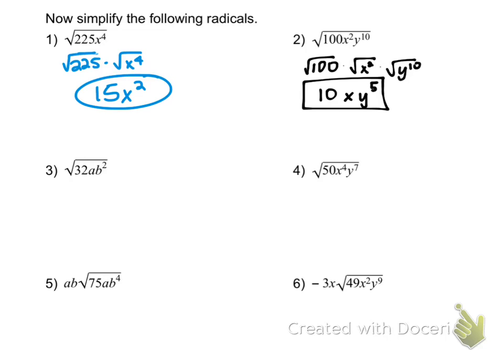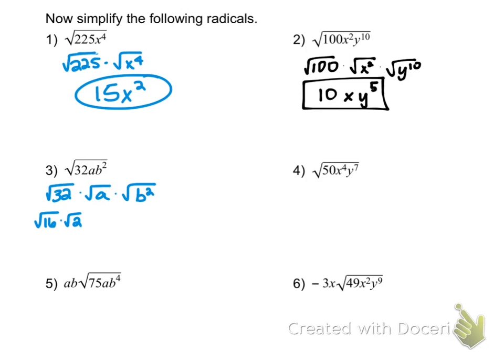Here is where it gets a little bit trickier. Here I'm going to take the square root of 32 times the square root of a times the square root of b squared. So here we have 32. That's not a perfect square, but there is a perfect square inside of there. Actually, it is 16. So this really is the square root of 16 times the square root of 2.